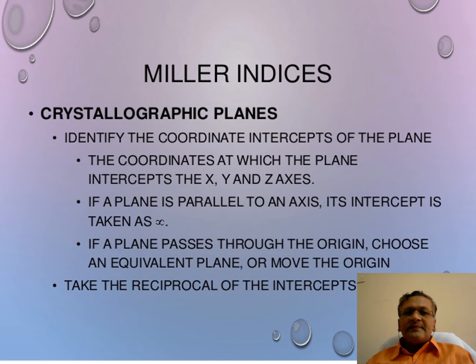Second step is to take the reciprocal of these intercepts. Third step is to make them integers and put them in a curly or square bracket. They are called h, k, l, the Miller indices. Therefore, Miller indices are the integers which are the reciprocals of the intercepts made on the three rectangular axes.